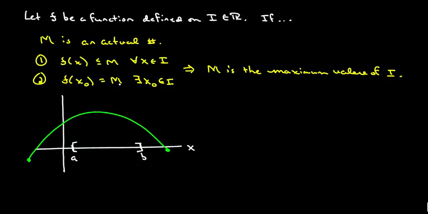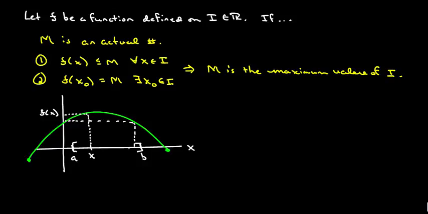Now if there's a situation where, for every x in this interval, we look at the function height values. Let's say for example we take this x right here, then it has a height value of f of x. And maybe we grab this point right here, and it has a height value.